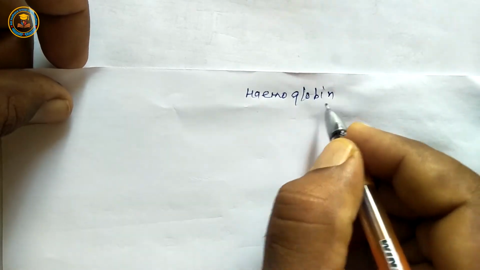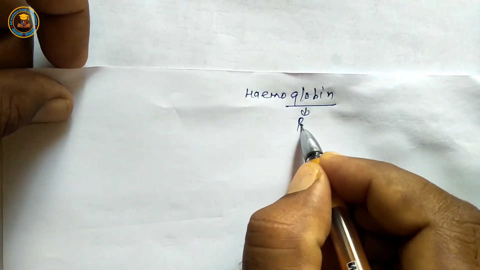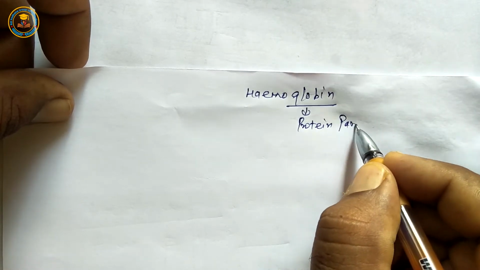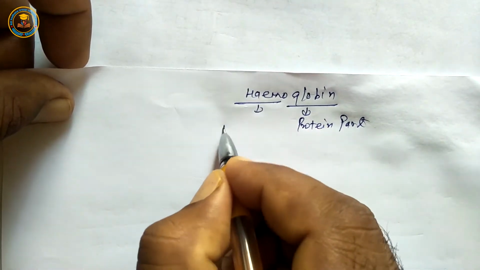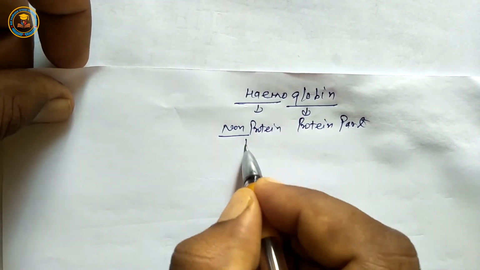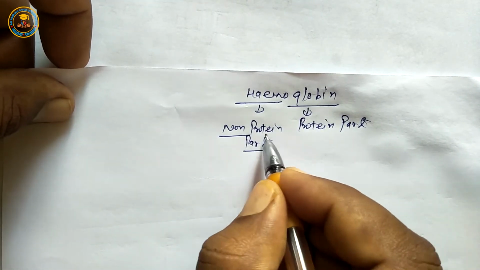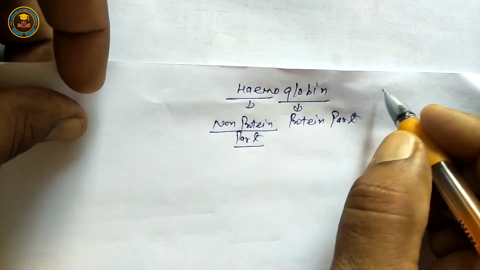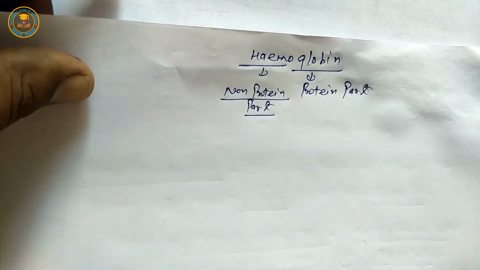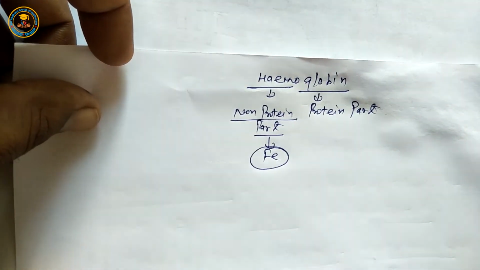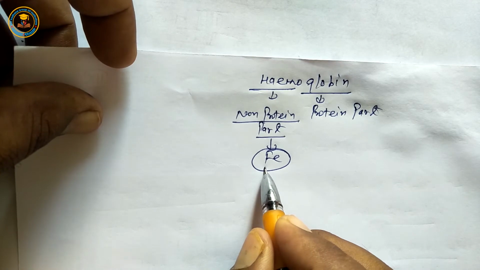Hemoglobin, it has protein part. It has non-protein part. If protein and non-protein part are properly bound, it is called compound or conjoint protein. Heme, it means ferrous. It provides color.